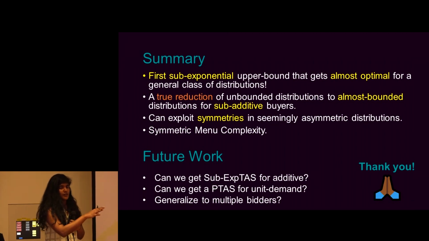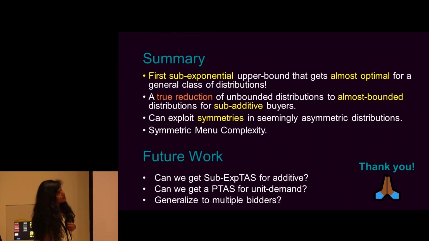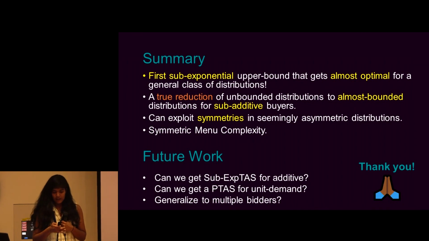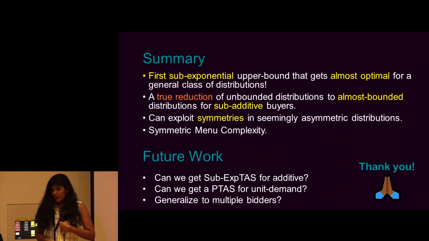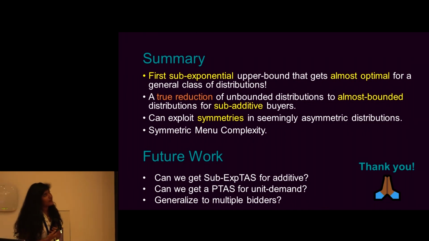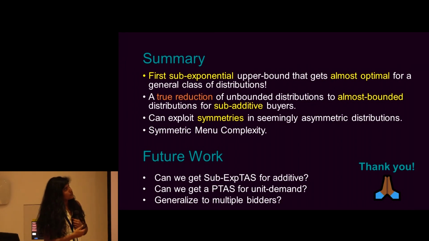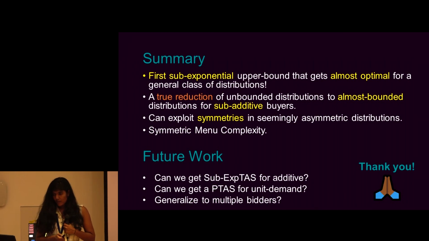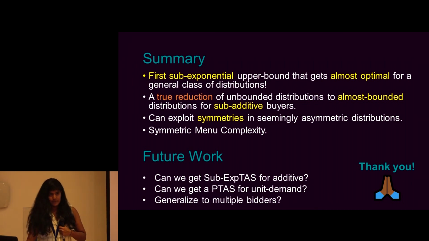This is a black box reduction, and we only have to worry about almost bounded distributions from now onwards. We exploit symmetries even in seemingly asymmetric distributions, and we define this new notion of symmetric menu complexity and have interesting results for that. And this is some future work. Thank you.